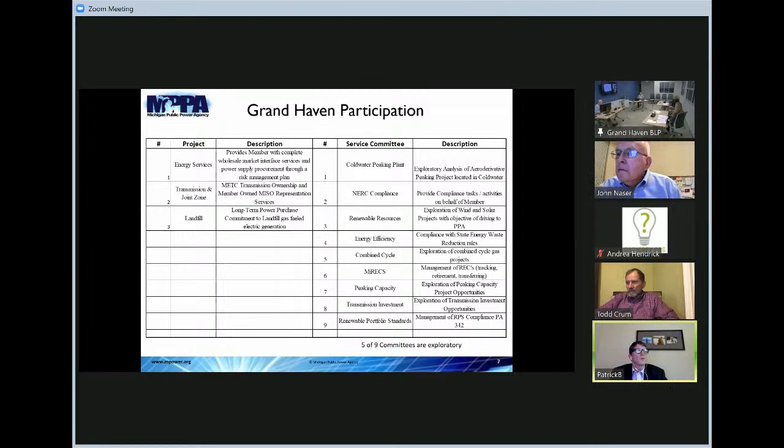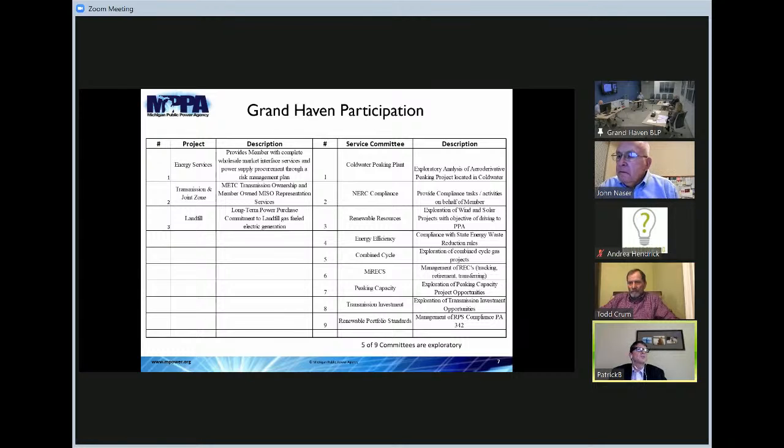And the transmission project is a slice of transmission that is owned and or services that the agency provides, resources that Grand Haven themselves own and dedicated to MISO for revenue. And then the landfill gas project, which was done in the mid-2000s for the early stage renewables.